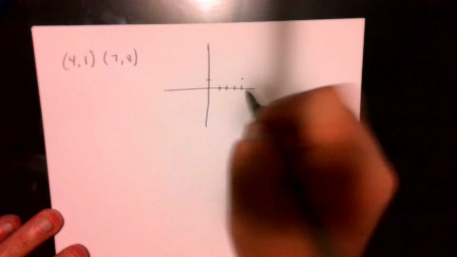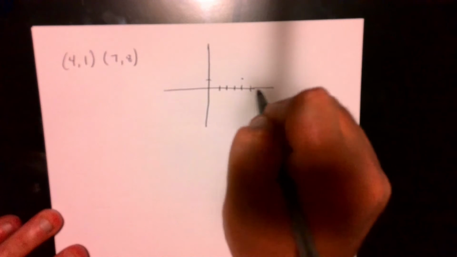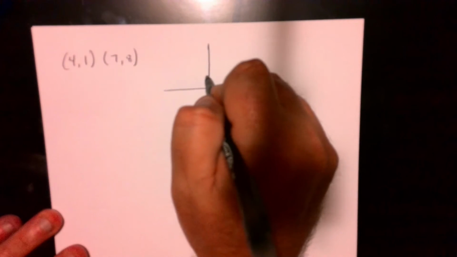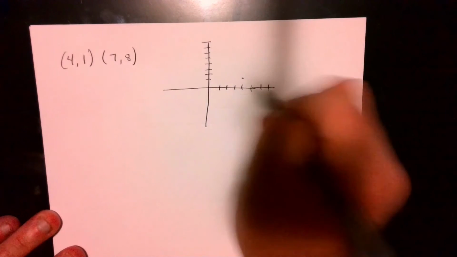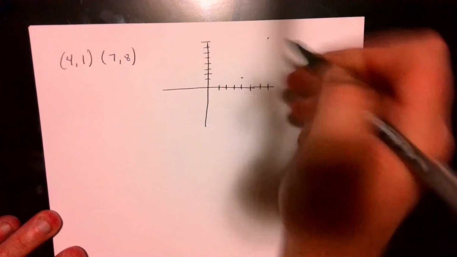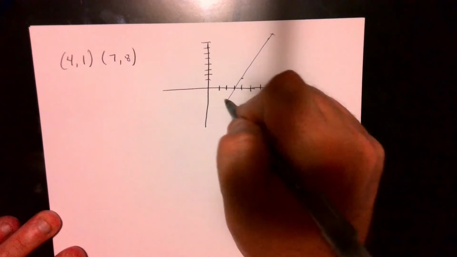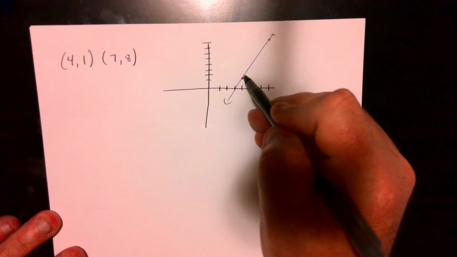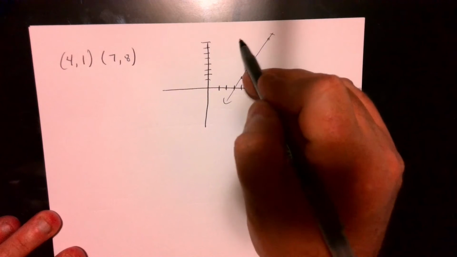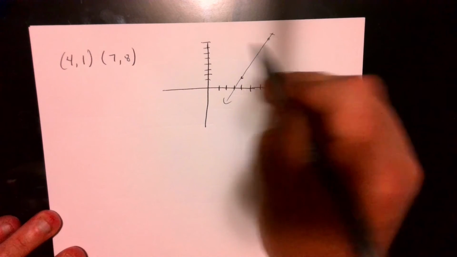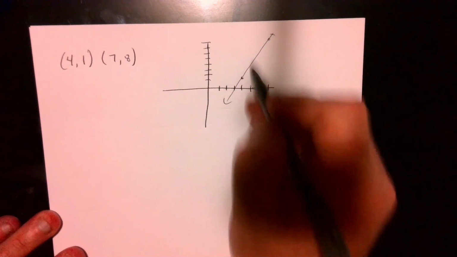And then 7, 8, go right 5, 6, 7, and then clear up to 8. So right here. And then draw a line. And then do my rise over my run and build my staircase, right? Build my little triangle there. But I don't want to do all this. That's too much work.